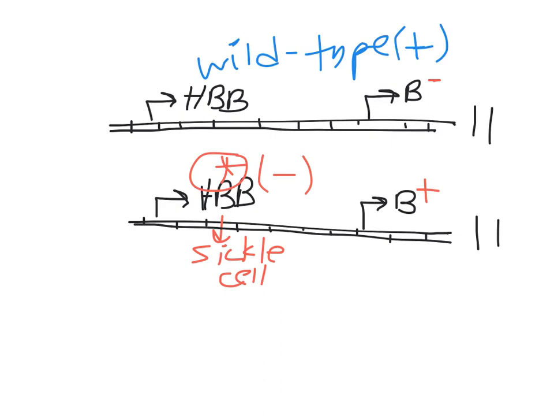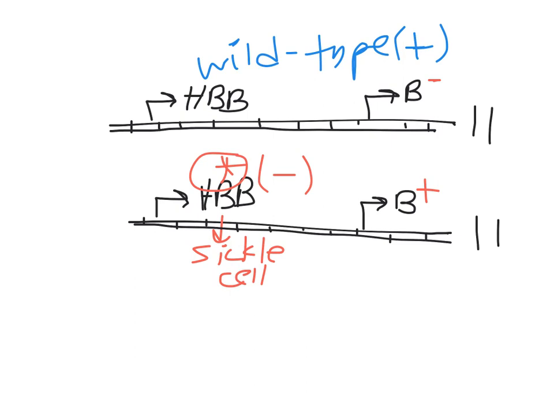So genotypes. What is the genotype of this individual at the HBB gene? This individual, both these chromosomes, same individual, same cell, same person. How many wild-type versions of the gene HBB do they have? One. We've all got 2 sets of every chromosome, so we all have 2 alleles of every gene.